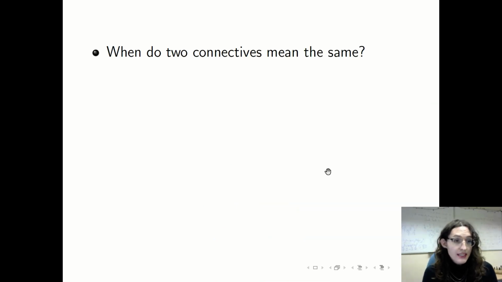Now, when we're doing semantics, we're concerned with meaning. So a suitable starting point for doing semantics might be asking a question like this: when do two expressions mean the same? Now, we're not concerned with just any expression, but specifically with the logical connectives, at least for the purposes of this talk. So we will be asking, when do two logical connectives mean the same?